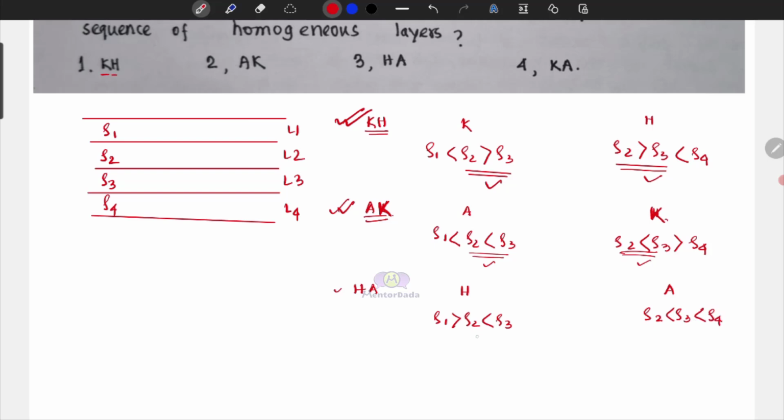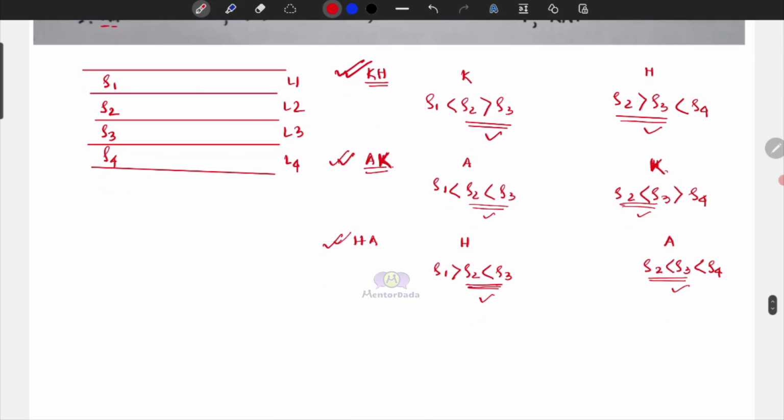So here the last two resistivities of H and the first two resistivities of A are similar, hence the HA curve is also possible.